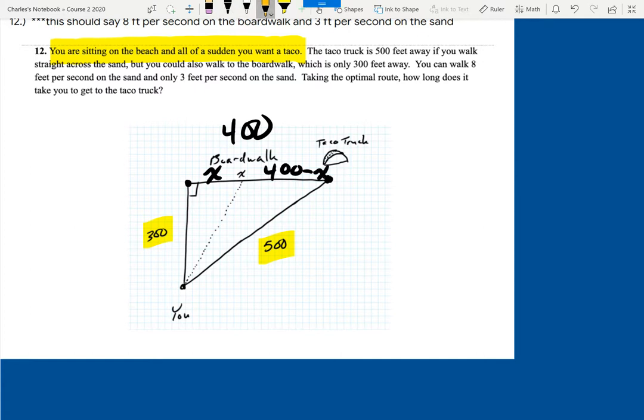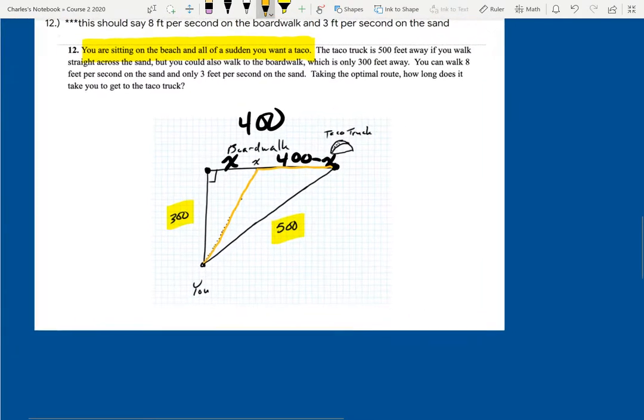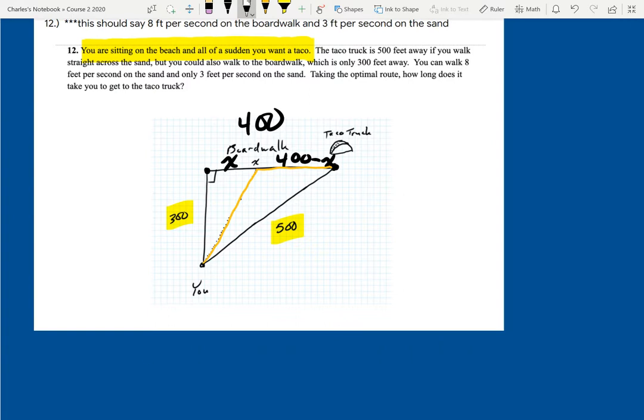So now if I think of the path that I choose, it's going to be the hypotenuse of the right triangle that I have, and then a length of 400 minus x. If I'm thinking of my function, I'm going to call it time as a function of x. I'm going to have to look at this triangle right here.